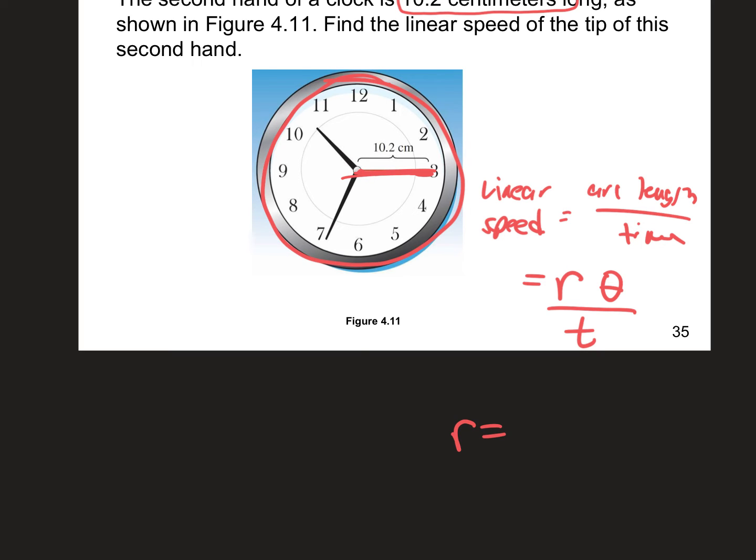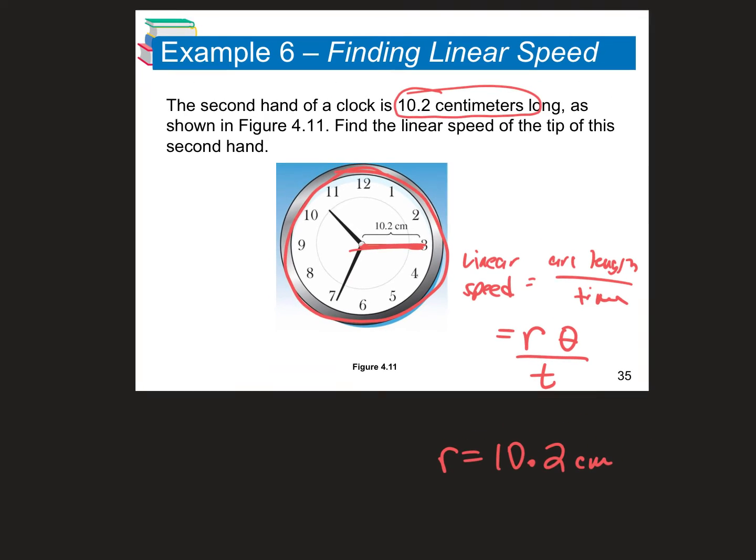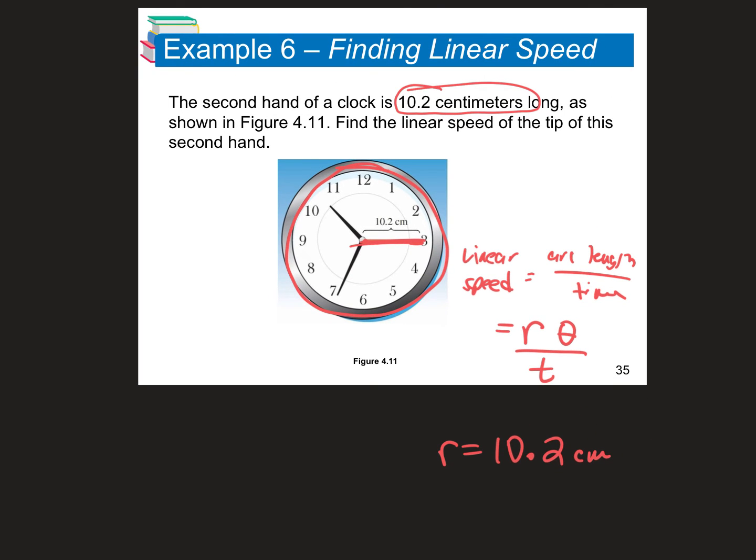When they tell you how long the second hand is, that's from the middle to the outside. So it's 10.2 centimeters, right? Now they're asking you to find the linear speed of the tip. How fast does this go around in a circle? When they tell you how fast it goes around, they're telling you the central angle and the time period, because it's a circle.